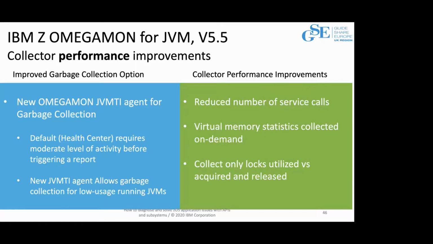Virtual memory statistics are now collected on demand rather than being pushed all the time. And we now collect only locks utilized, versus acquired and released. If acquiring and releasing is happening often, we don't want to capture those, only when it's utilized. And as you saw in the screenshot earlier, we provide those statistics out of the box.